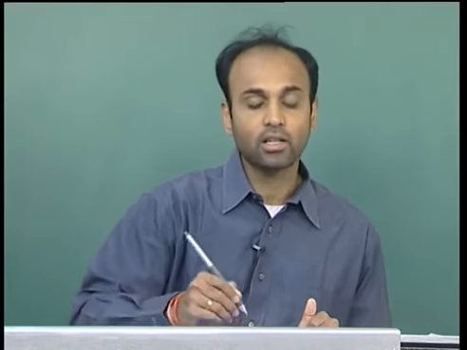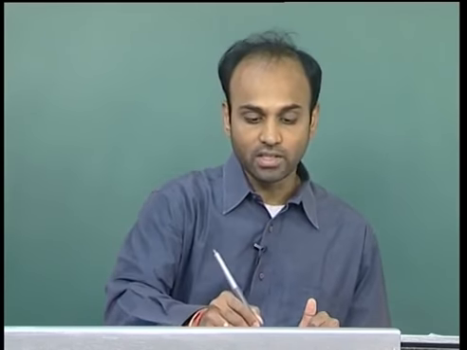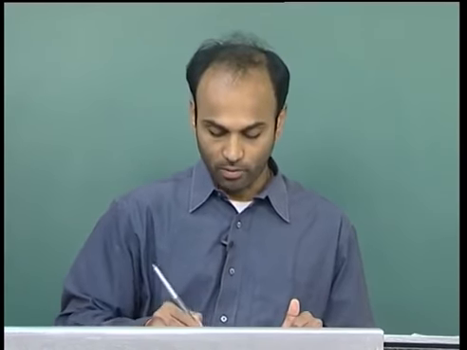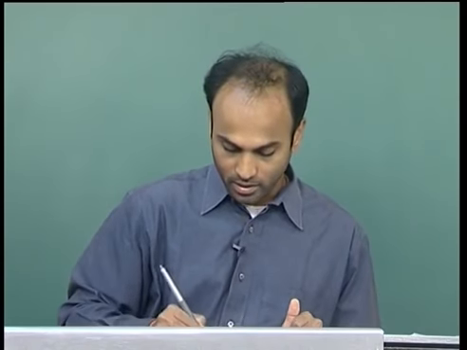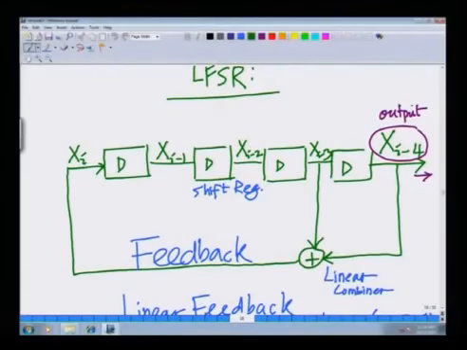So, let us start this lecture by going through the different states and outputs. But before that, let me again illustrate that the output of this LFSR is xi minus 4.